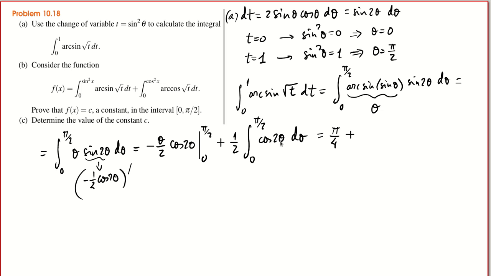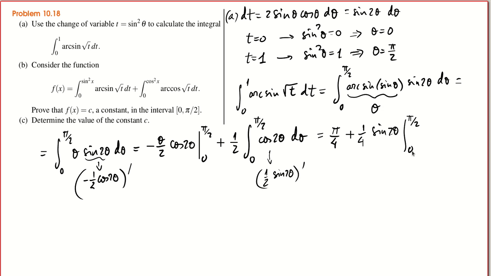Then for the second term, there is an easy primitive. The primitive of the cosine is 1/2 of the sine of 2 theta, so the derivative of this is that. So this is 1/4 the sine of 2 theta between 0 and pi half.